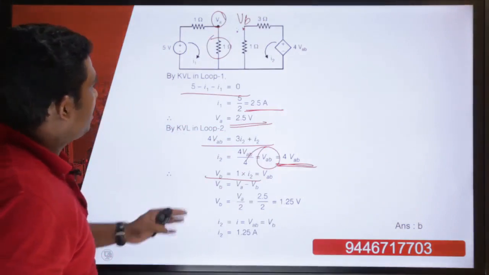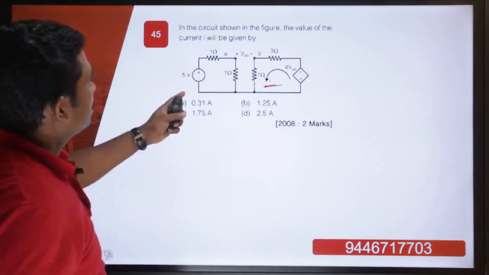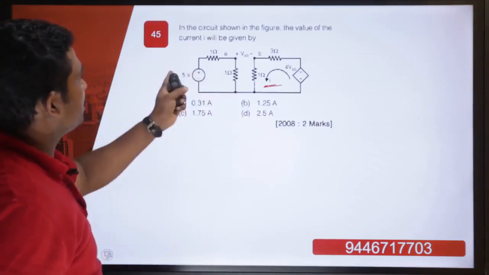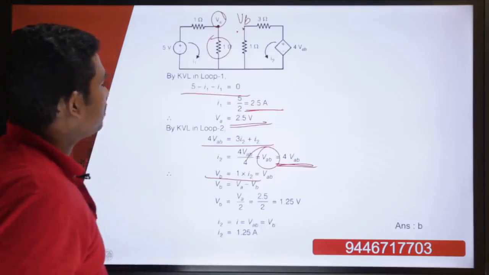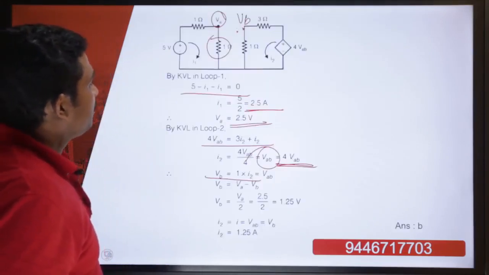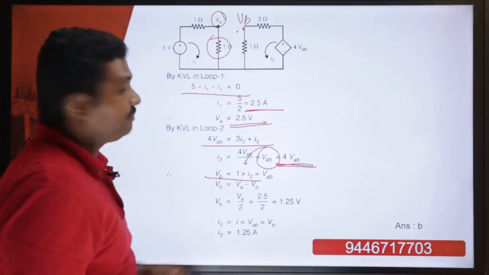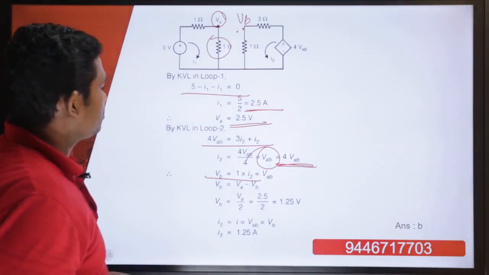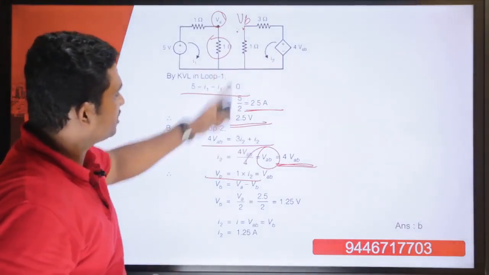In the question, it is given: in the circuit shown in the figure, we will have to find the value of current I. And we are going to make an expression in terms of the dependent source. The dependent source is 4 VAB, equal to 3I2 plus I2.